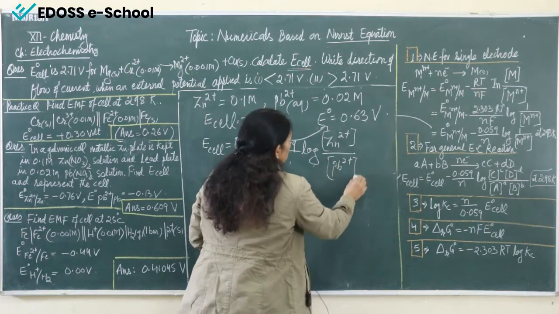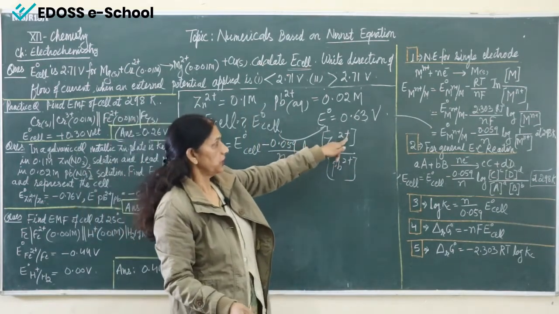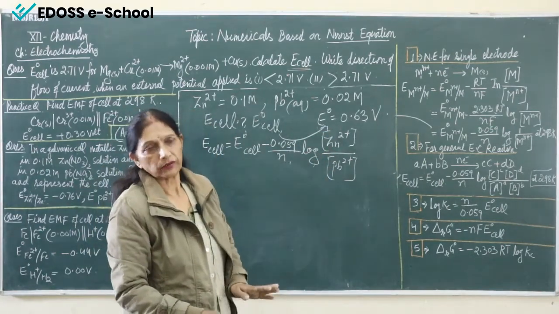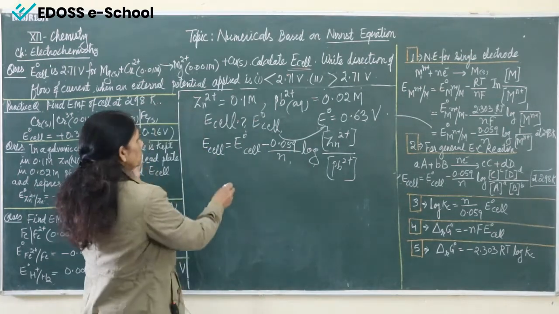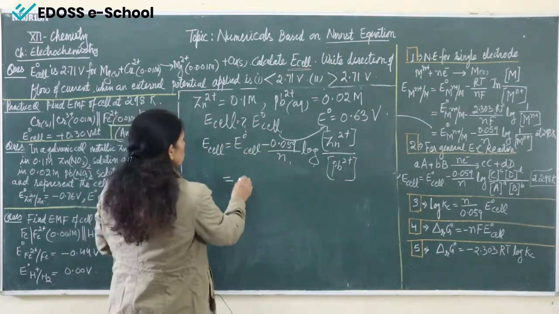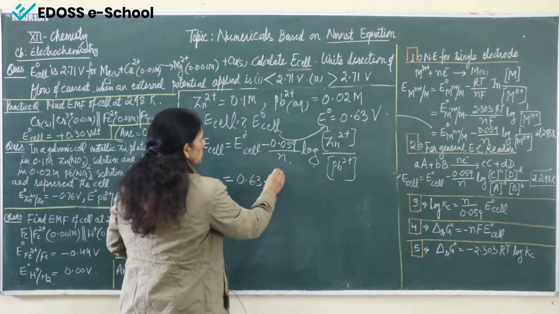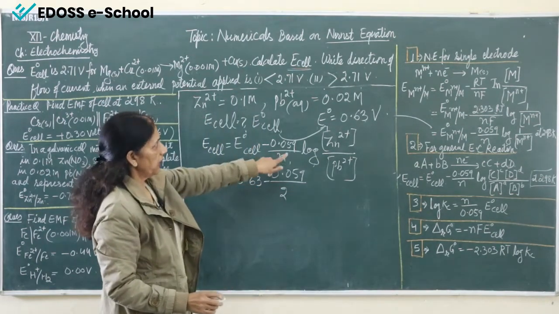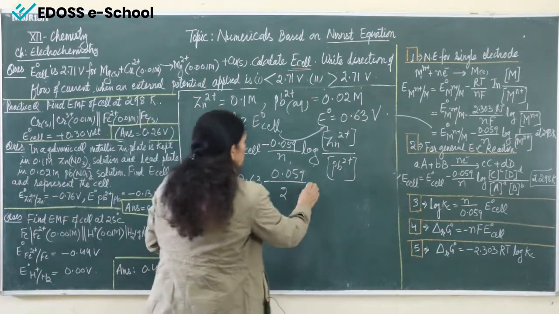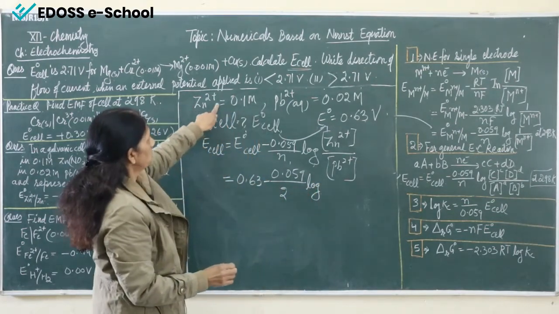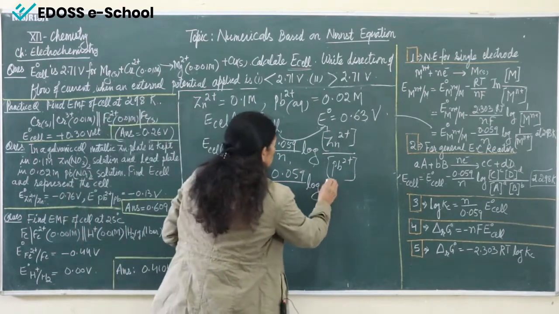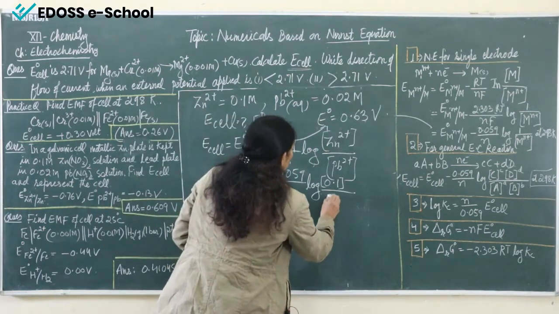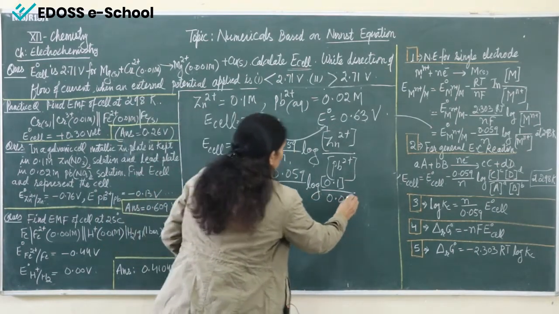Because zinc releases 2 electrons and lead accepts 2 electrons, there is no need to balance the equation. Now you can put the values: E naught is 0.63, minus 0.059 upon 2, log of 0.1 upon 0.02.